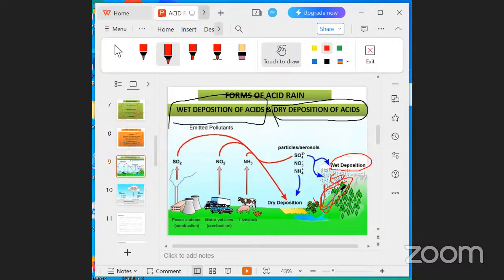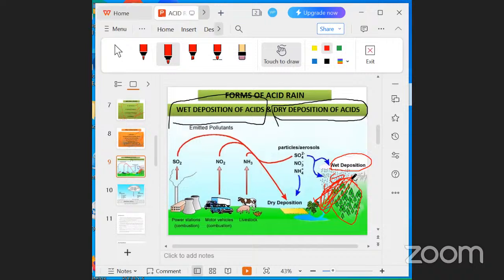Okay, the earth's surface. So what are the effects of wet deposition of acids? These acids, after falling on the ground, affect a large number of plants, and also animals and aquatic life, right?